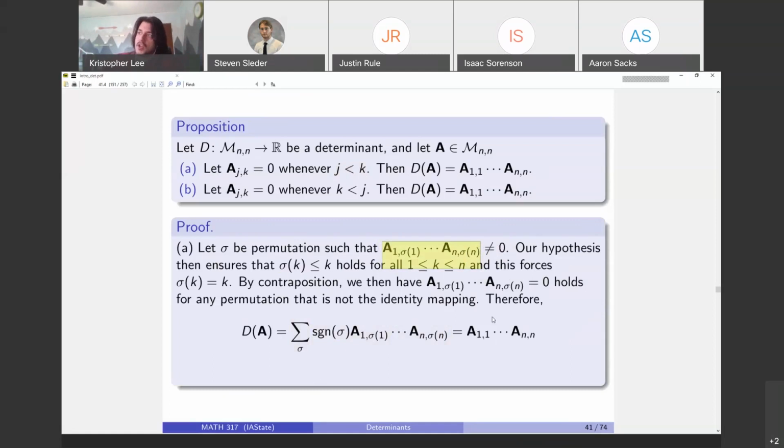It could equal 0, but the only term that is possibly non-zero is this one, because if it is non-zero, it must be the identity. If you have a non-identity permutation, we know the product must equal 0 by contraposition. So all of these terms drop out except for the identity permutation. You just get the product of the diagonal.